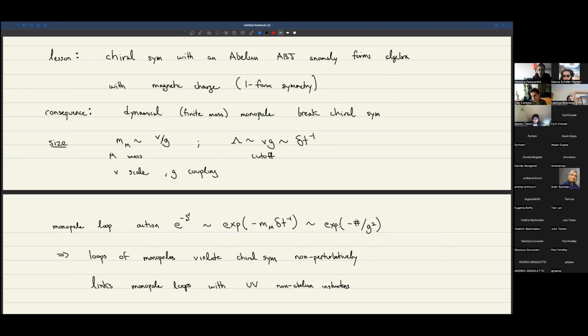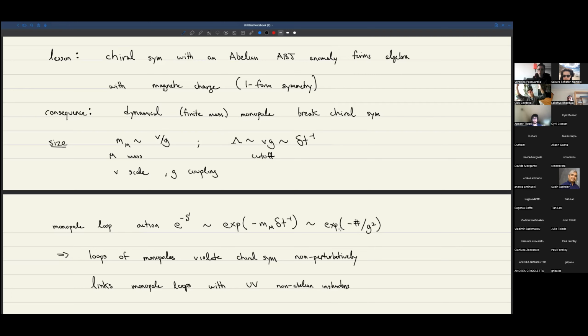Of course, this is the qualitative form that you would expect from a UV instanton action. From a top-down point of view, what we're going to be talking about is some interesting instanton effect that will be the leading effect violating some symmetry. From a bottom-up point of view, we can think in the effective U1 theory, it will come from loops of monopoles.